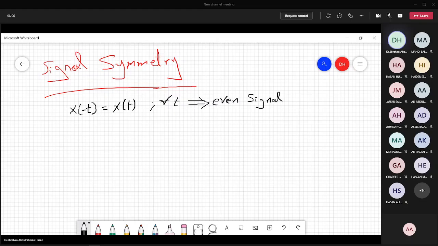Whether discrete or continuous, whatever we have on the right hand side, we have on the left hand side. For example, something like this.